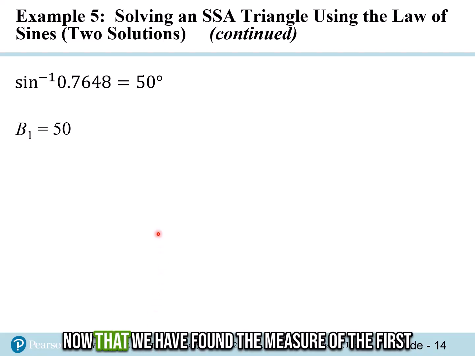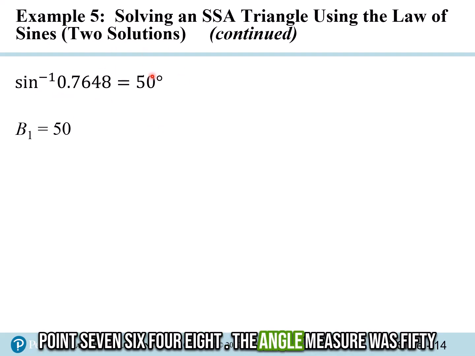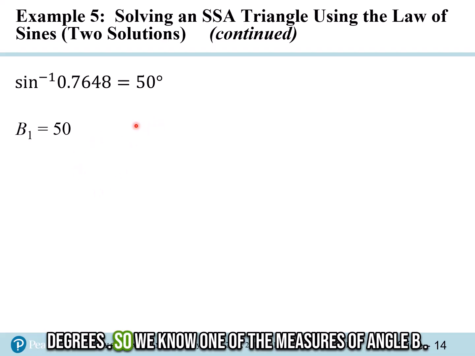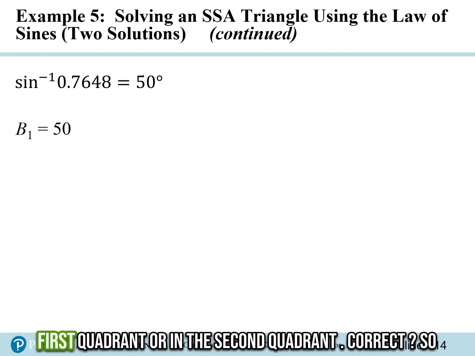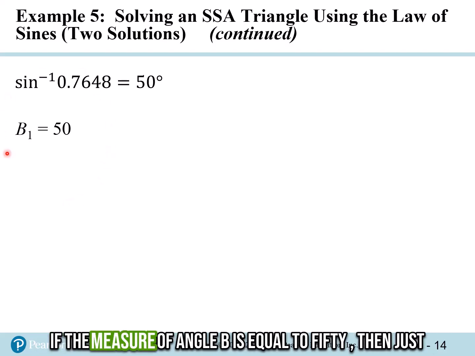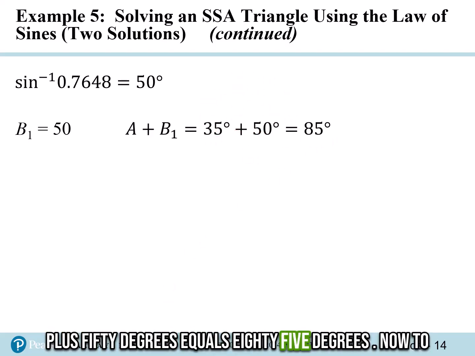All right. Now that we have found the measure of the first quadrant angle for angle B, whose sine ratio was 0.7648, the angle measure was 50 degrees. So we know one of the measures of angle B. However, we said that the angle could either be in the first quadrant or in the second quadrant, correct? So if the measure of angle B is equal to 50, then just add up the two angle measures. 35 degrees plus 50 degrees equals 85 degrees.